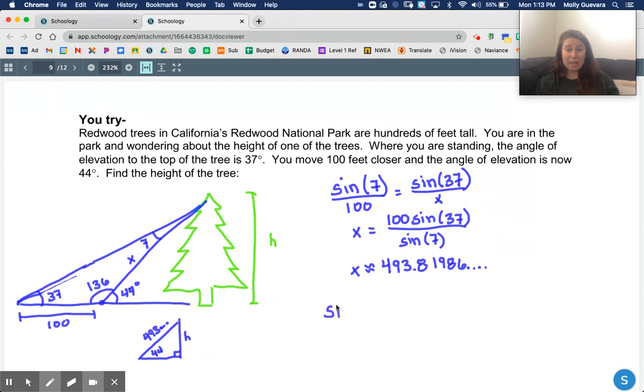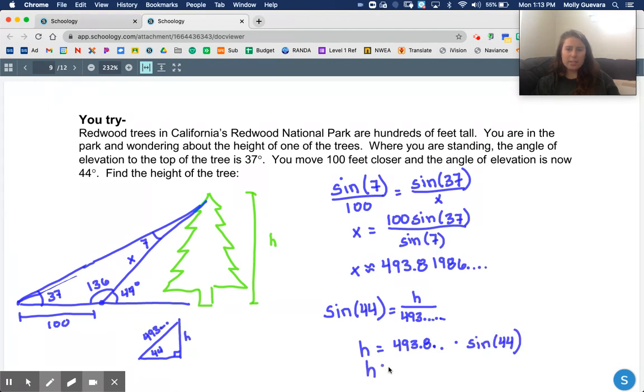So sine of my angle is equal to opposite over hypotenuse, which is the 493 point blah, blah, blah. Okay, so that just tells me that H is equal to 493.8 blah, blah, blah times sine of 44.